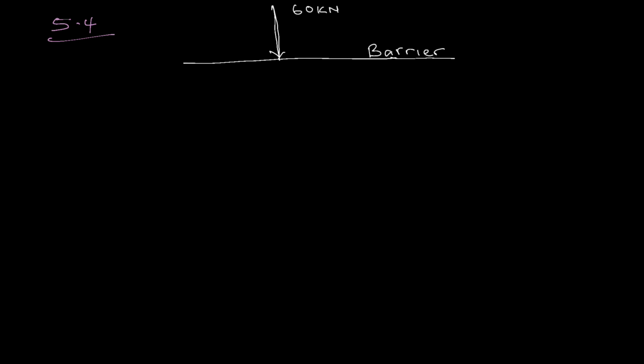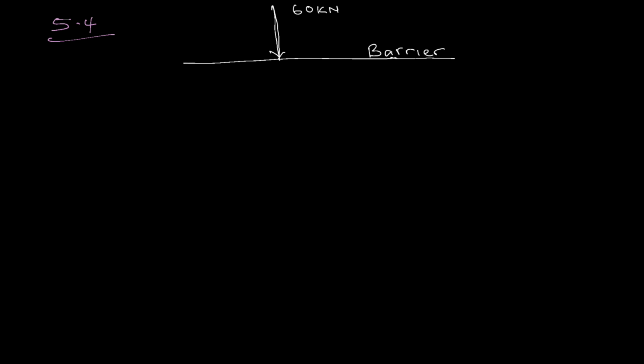Question 5.4. The steel safety barrier deforms during the collision. To pass the test, the vehicle should not move more than 1.5 meters towards the other carriageway. The barrier can apply an average force of 60 kilonewtons at right angle to the carriageway.